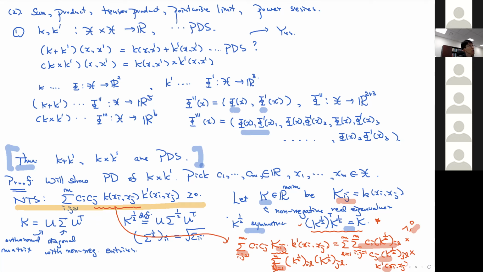It's a bit involved, but it uses these characterizations in terms of positive definiteness and eigenvalues to re-express the things that we want. To sum up, sums and products of kernels preserve positive definiteness.